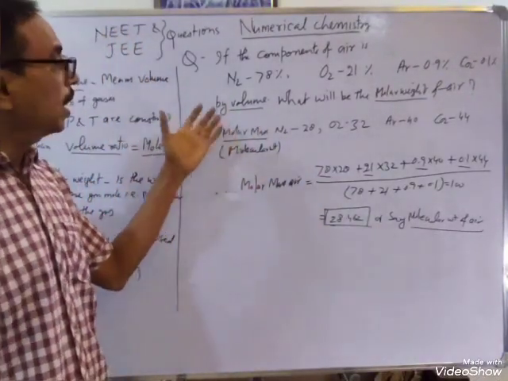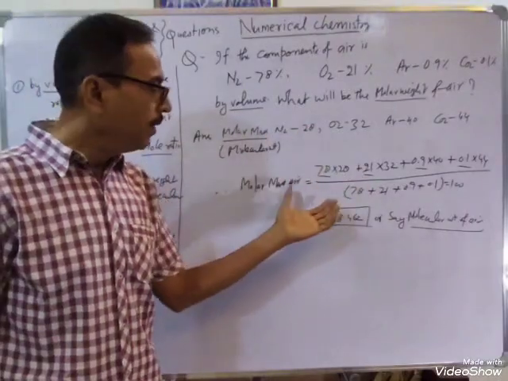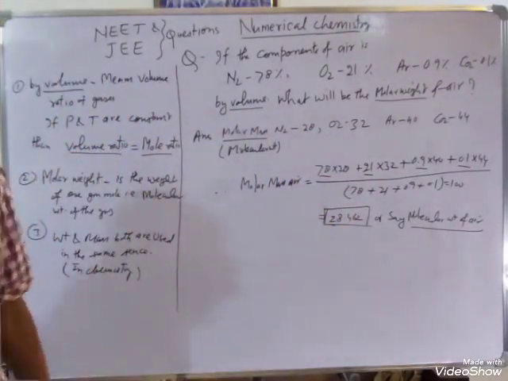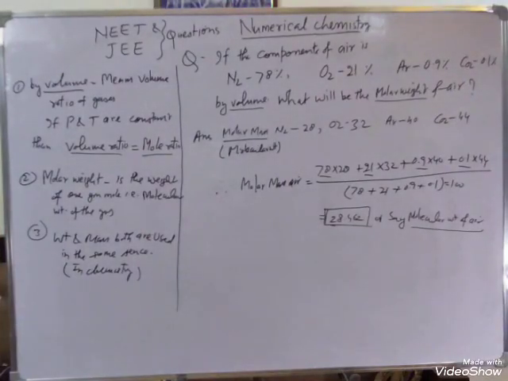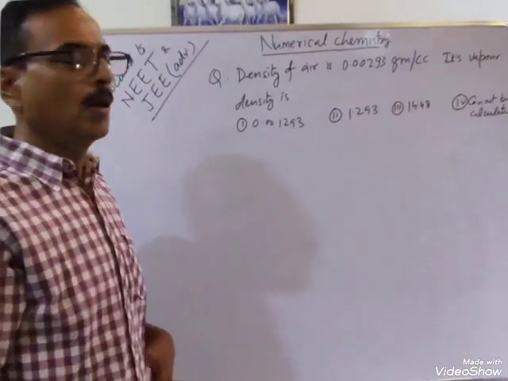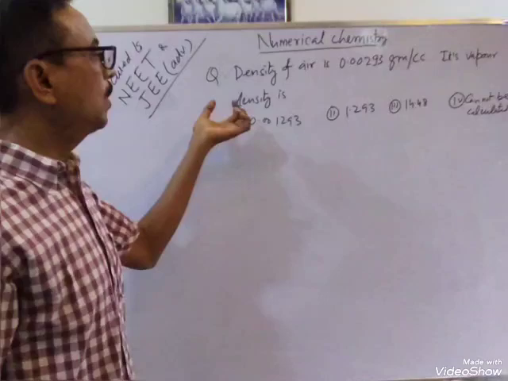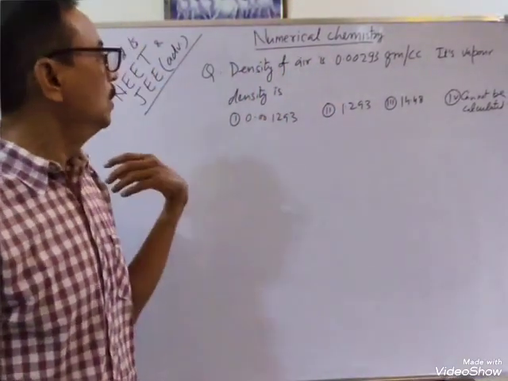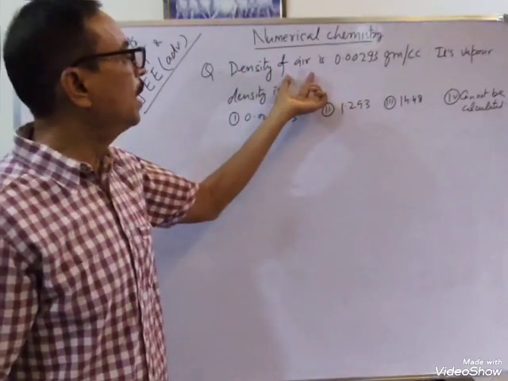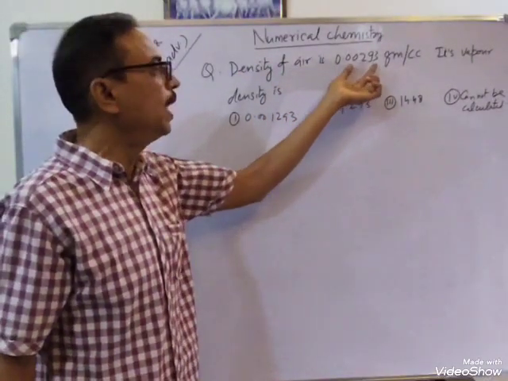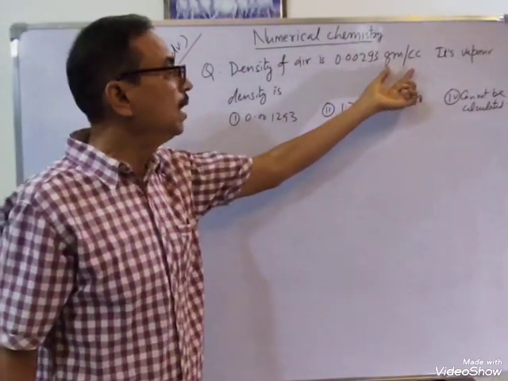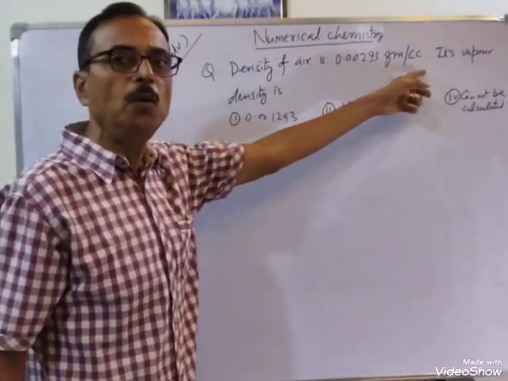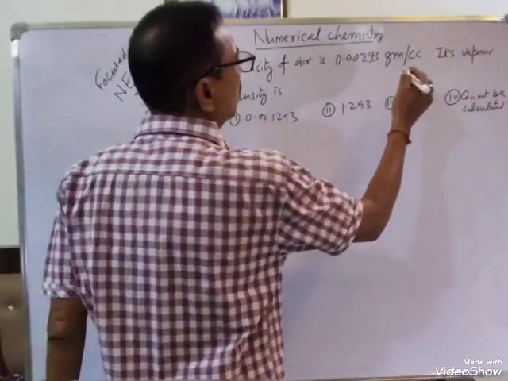One more question related to air. So here we again take one question. The question is: the density of air is 0.00293 gram per cc. cc or ml, both are the same thing; cc means cubic centimeter, ml means milliliter.